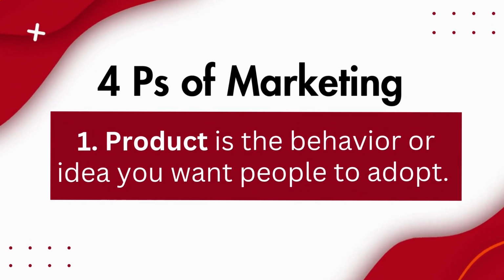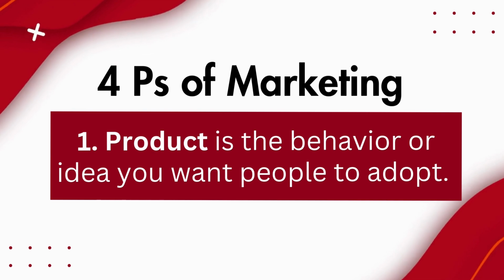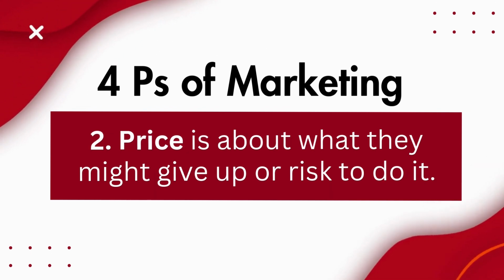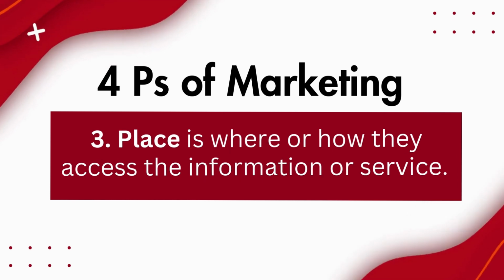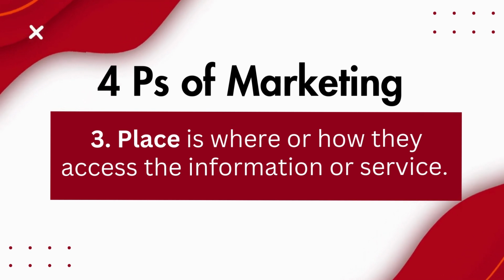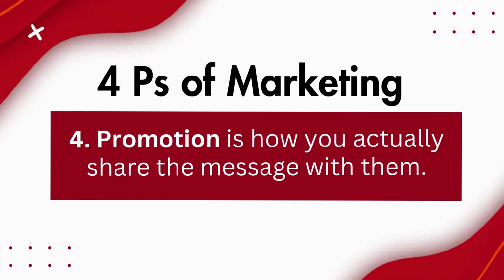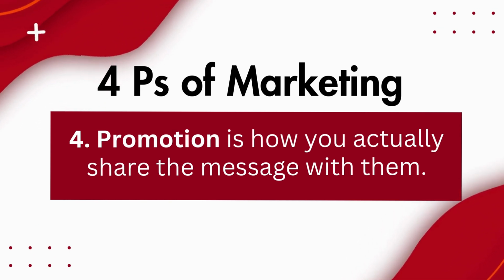The product is the behavior or idea you want people to adopt. Price is about what they might give up or risk to do it. Place is where or how they access the information or service. Promotion is how you actually share the message with them.